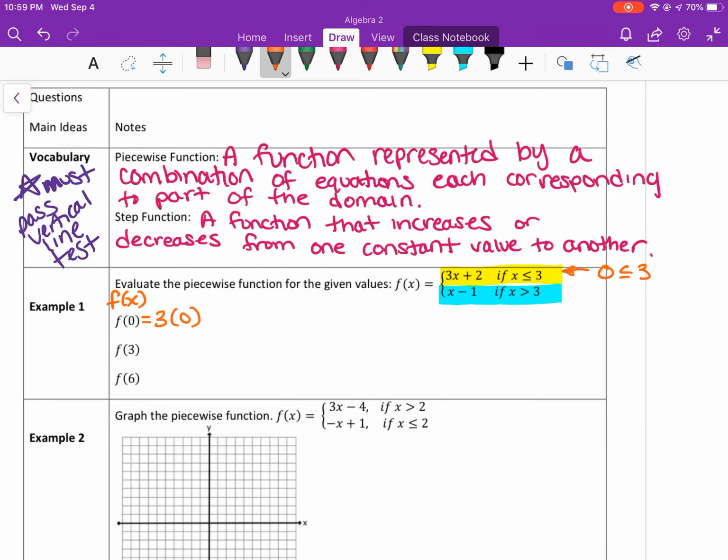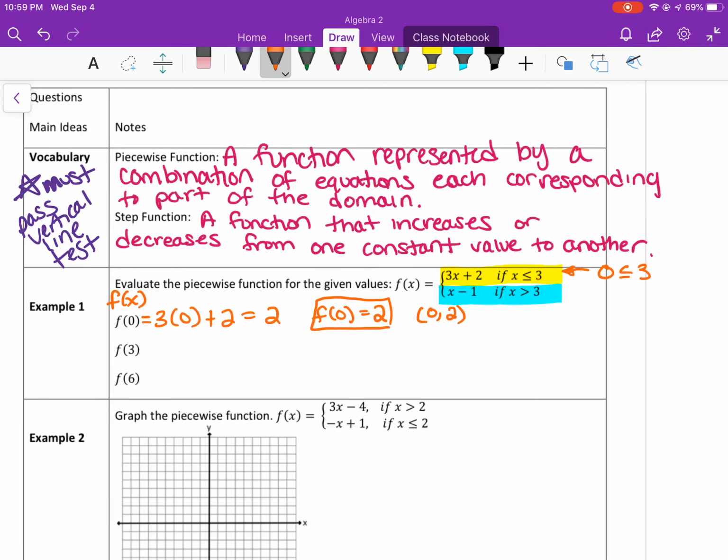So it'll be 3 times 0 plus 2. And 3 times 0 is 0, plus 2 is 2. So f of 0 equals 2. It's kind of like saying when you plug in 0, you get out 2. That's the ordered pair. 0 input, output is 2.